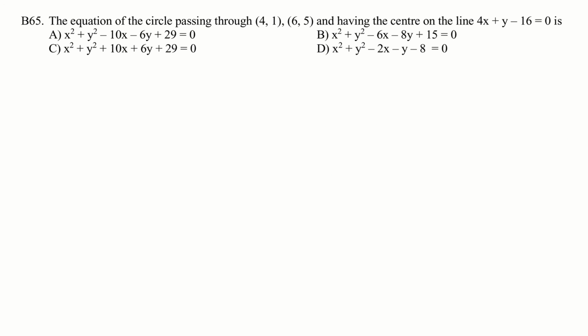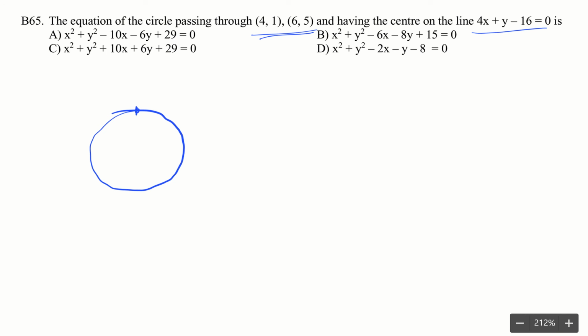See, in this problem we are given 2 points. We want the circle passing through these 2 points and having its center on this line. I told you earlier, given 2 points, I can have infinitely many circles passing through those 2 points.